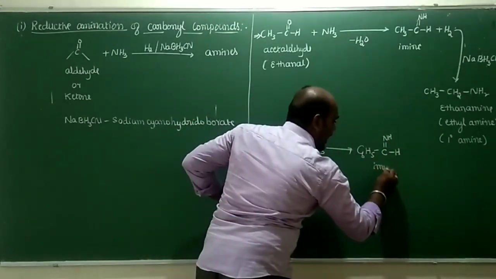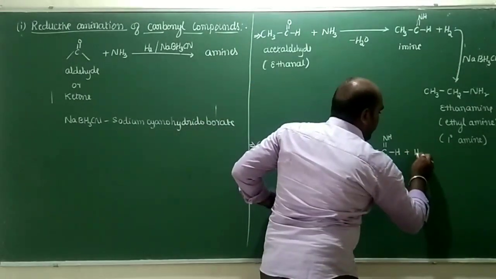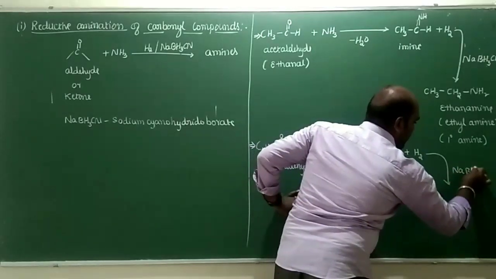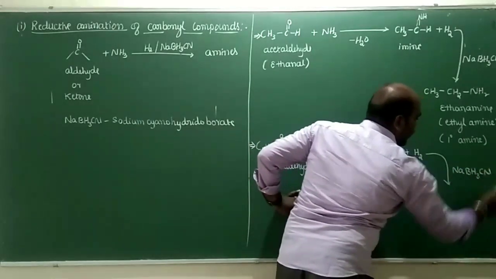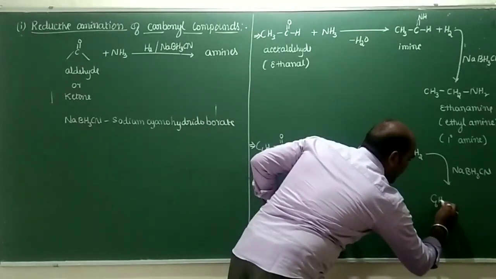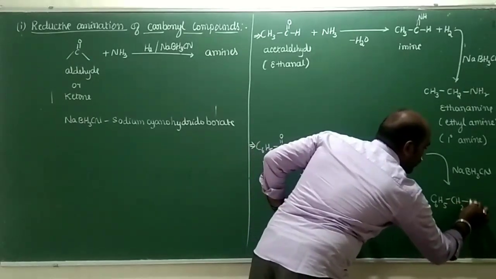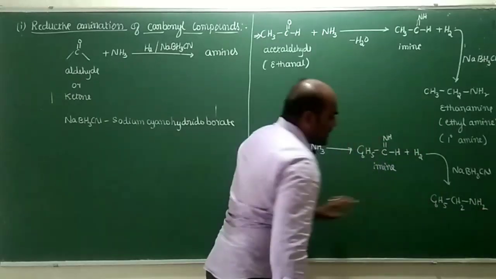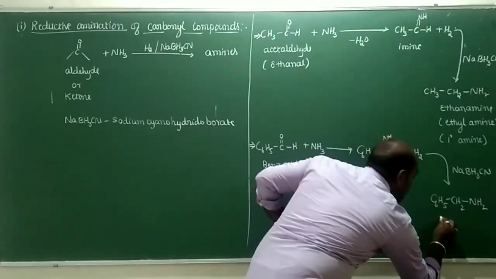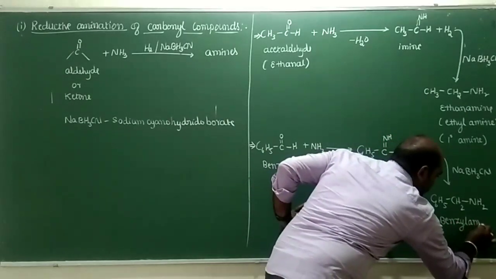So here we got an imine, and this imine will be further reduced in presence of sodium cyanohydridoborate. Reduction of the imine will result in the formation of C6H5CH2NH2. This is a benzyl group and it is an amine, so it is benzylamine.